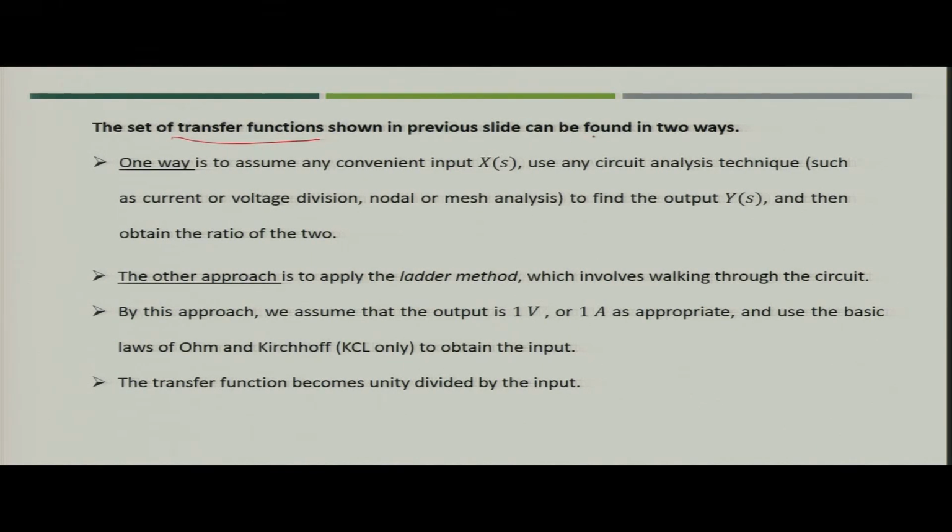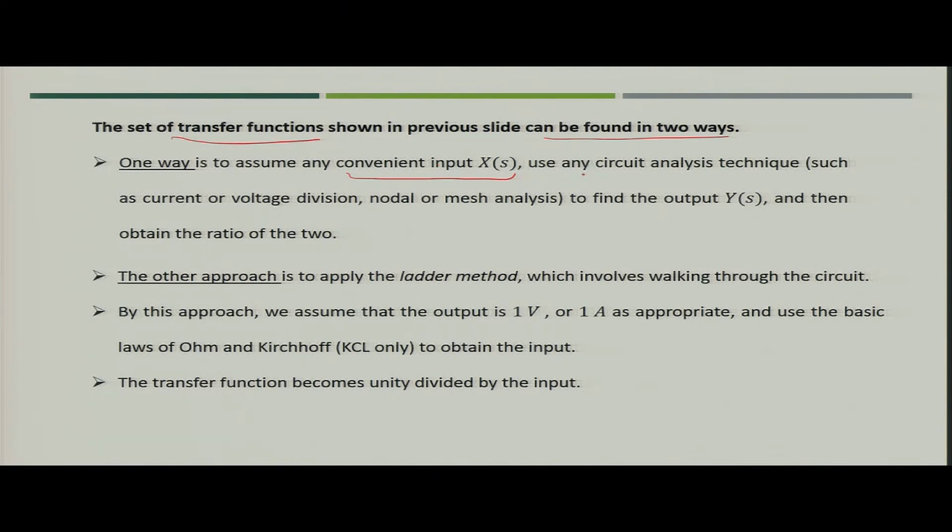So, basically we have two ways to process the information and find the output response. The first method is that we assume a convenient input. This input can be either a unit impulse or maybe a unit step function, unit ramp, whatever it is, you can assume a convenient input.